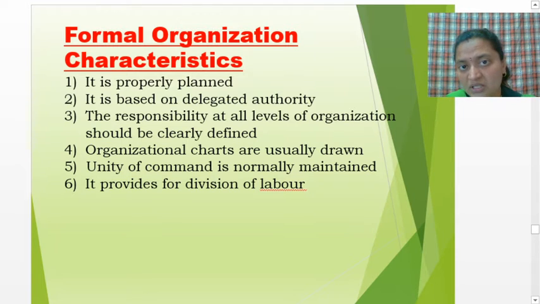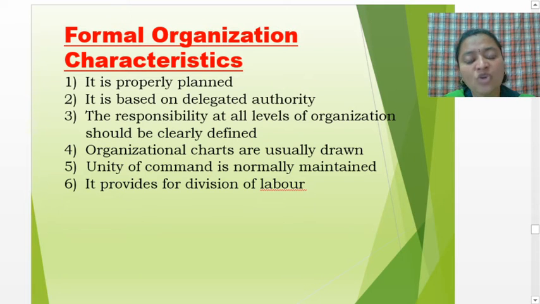But suppose the workers are unaware and don't know what work or responsibility has been given to them, what happens then? It's not possible for them to do the work properly. So the responsibility at all levels, right from the top management till the middle level and lower level management, should be clearly defined, defining clearly what work or responsibility has been allocated to each and every individual.